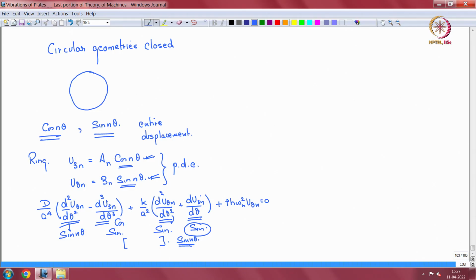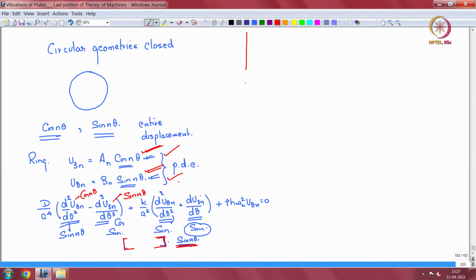If these two are not related in that fashion, if this is not cosine n theta and correspondingly this is not sin n theta, you may have this left with sin n theta and this left with cos n theta, and you will not have an algebraic expression with a steady sign term, okay. So this relationship is decided by the PDE.